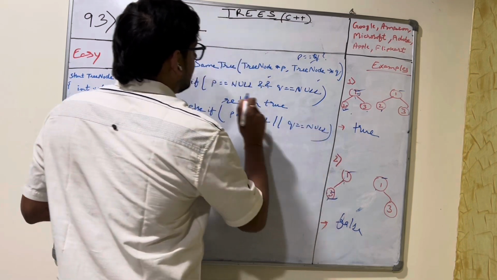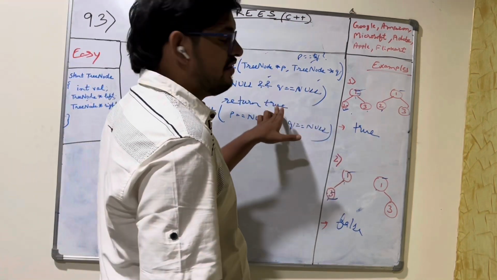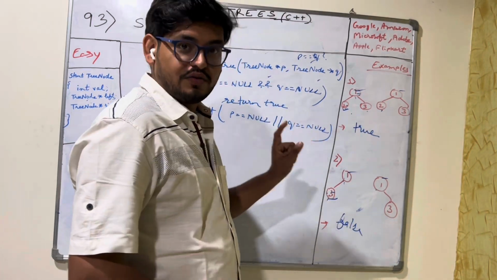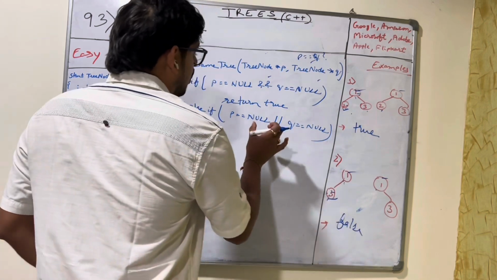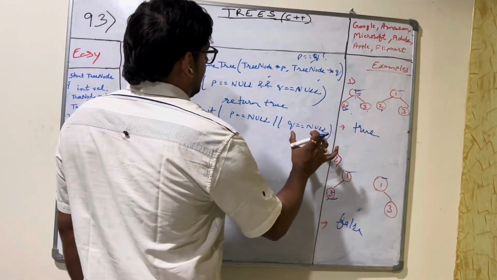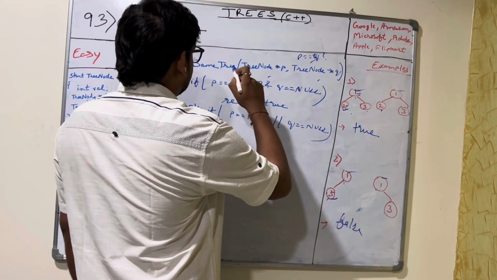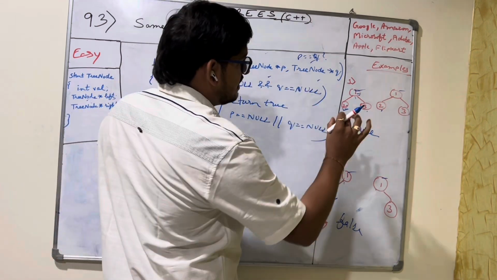So if both of them are null, then we return true. But if this condition fails, that means either one of them is null or both of them are null. In any case, if both of them are null, it is true, right? The tree is same, that part is same.